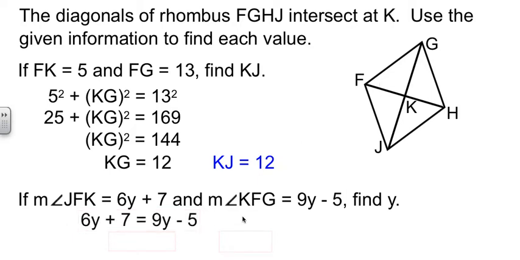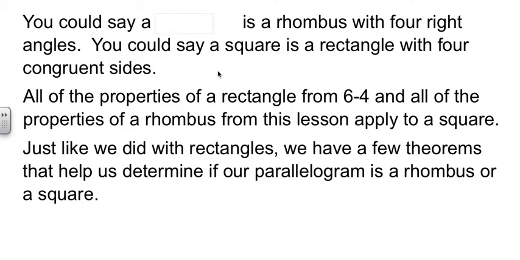So 6y plus 7 is equal to 9y minus 5. Doing a little bit of algebra, we find out that y is 4. Okay, not too bad. You just have to think about the properties that are in play. So that's the niceties of the rhombus.